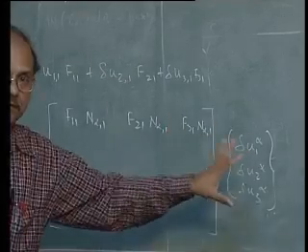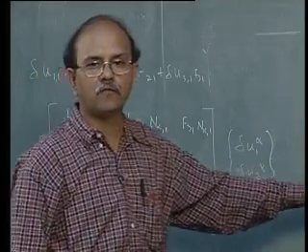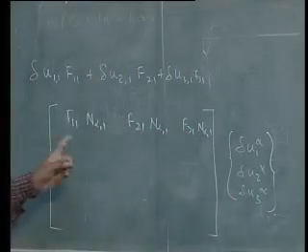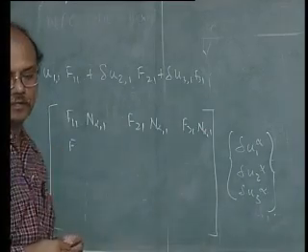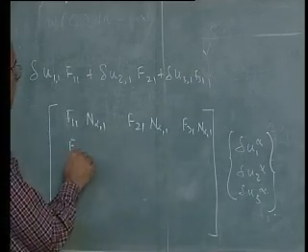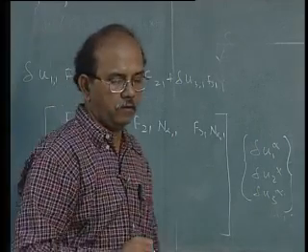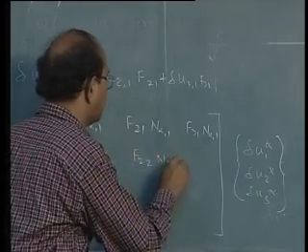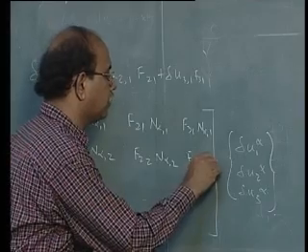Okay, there will be another for alpha is equal to 1. This will be like this. So there will be another B for alpha is equal to 2, another B for alpha is equal to 3. Okay, so complete this. I am not going to write this down. Maybe the second term we can write down: f12 n alpha comma 2, f22 n alpha comma 2 and f32 n alpha comma 2.